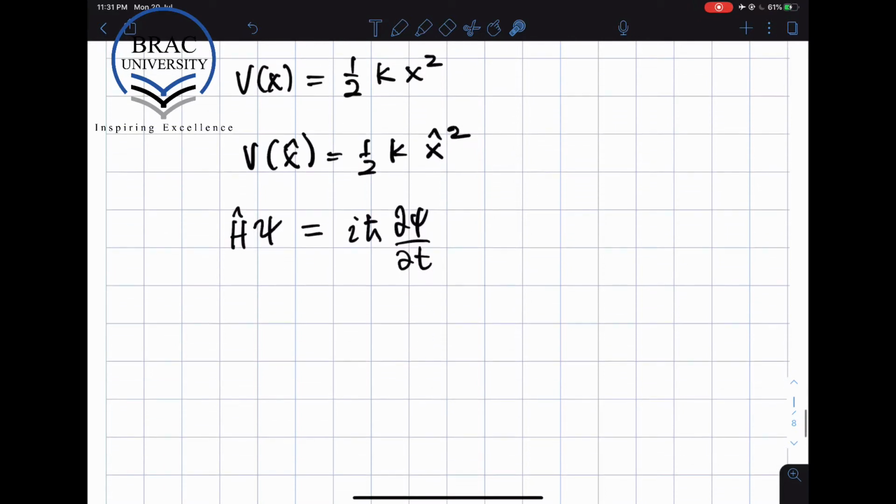So in most cases, this equation will look like this: the momentum operator is going to be given by this, and the potential energy operator is just V of x.